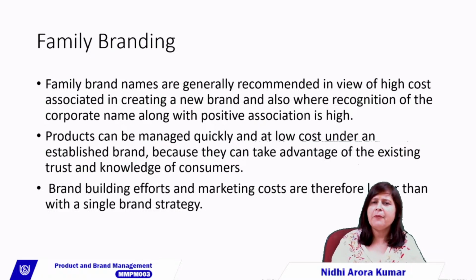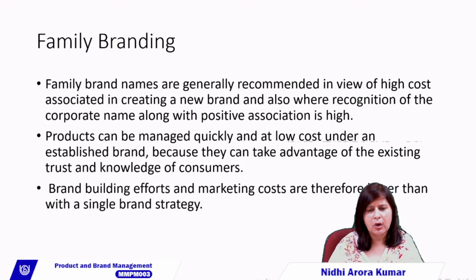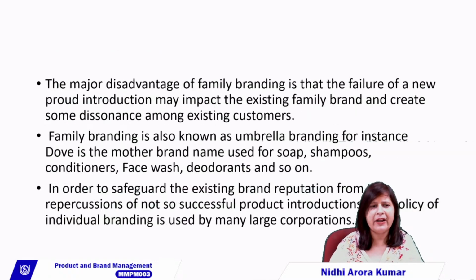And the brand building efforts and marketing cost are therefore lower than the single brand strategy, right? So brand building efforts and marketing cost are low in this family branding.